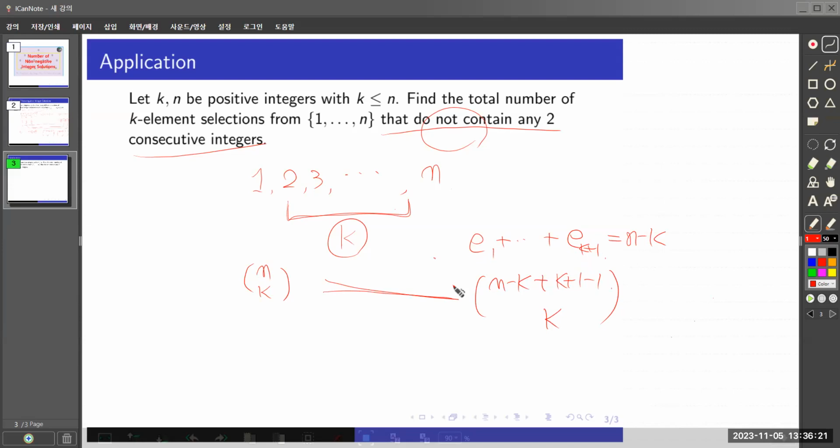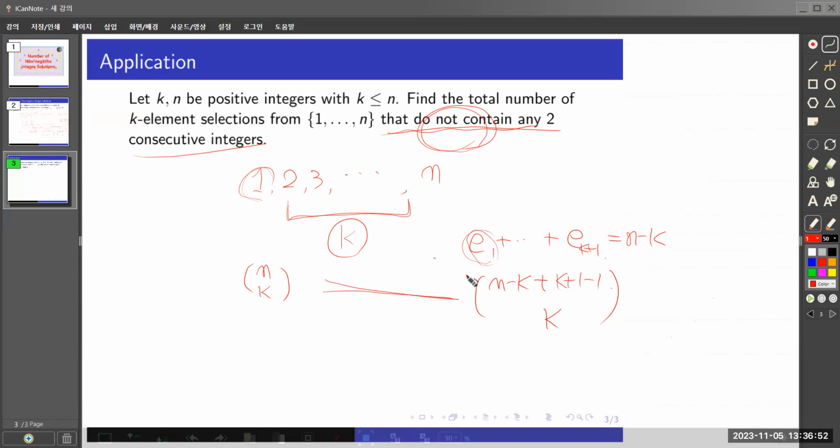The reason why we think about this problem in that way is that if there is a constraint like this, then we can still apply this idea. We have the constraint that the selection does not contain any two consecutive integers. So e sub 1 can be 0 because you can choose 1 in a k-element selection.